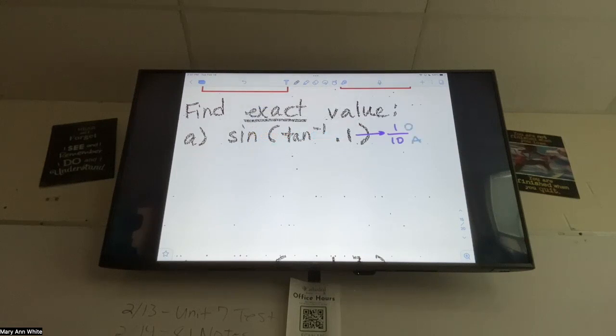We know tan is opposite over adjacent. So I'm going to draw my triangle. I do know that I'm a positive 1/10, so that means I'm going to be in Q1.